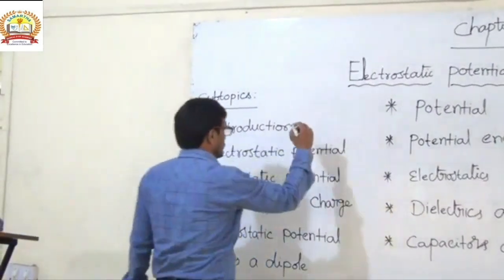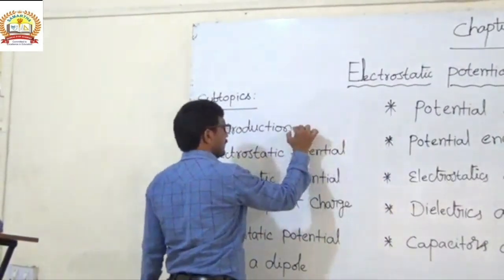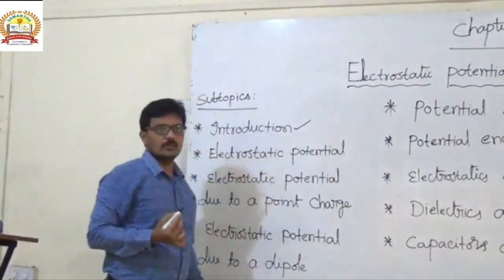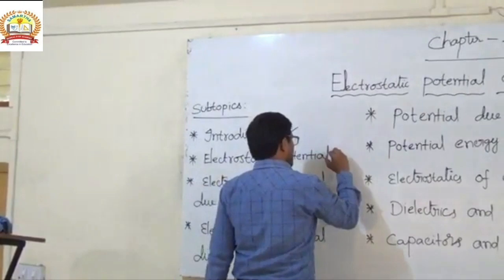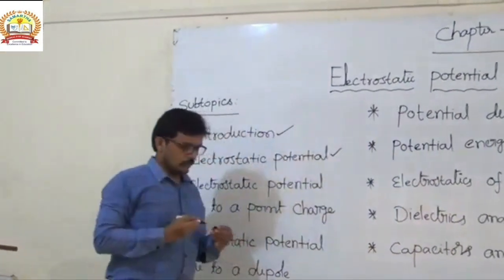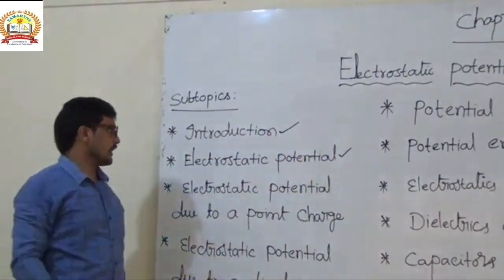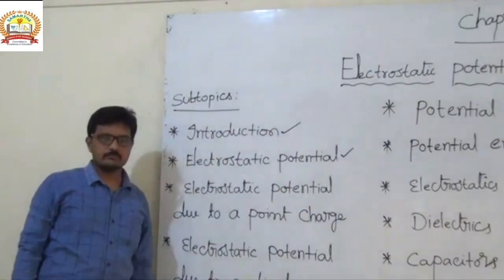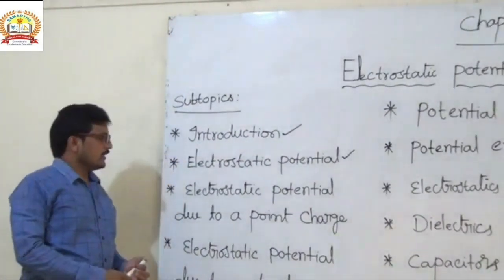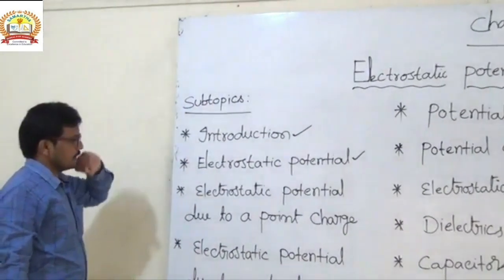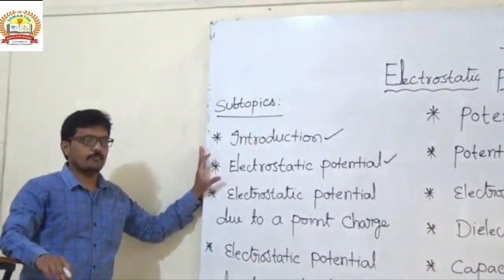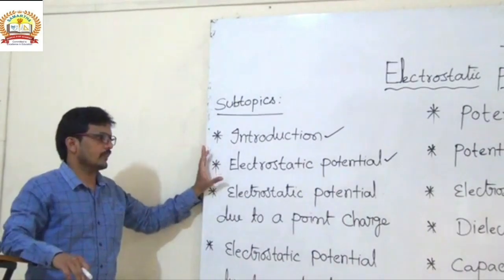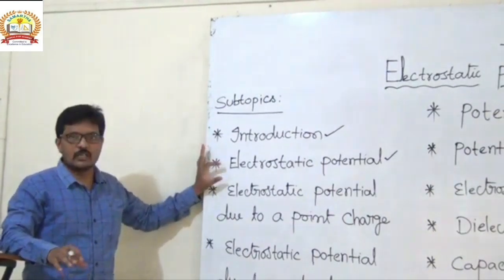So in that, we have completed the introduction, and the second one is the electrostatic potential. So then, what is electrostatic potential? To understand this, you take a stationary charge configuration.